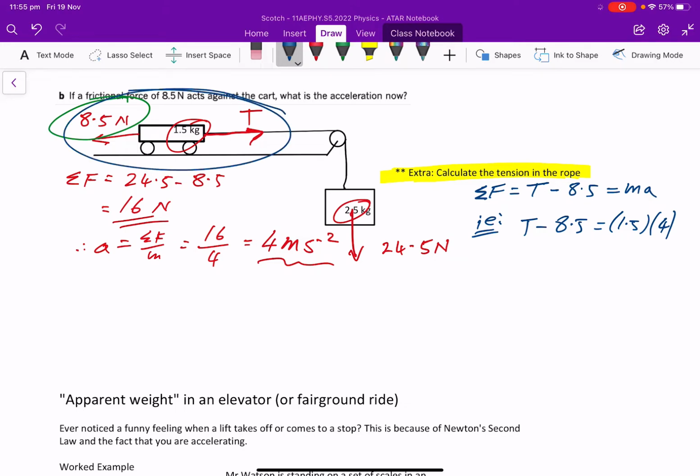It's accelerating at 4, so its MA is 1.5 times 4, and the big force take away the small force must always be equal to MA, so T is MA bigger. So T, 1.5 times 4 is 6. I'm going to add the 8.5 to it, and I've got 14.5 newtons if I haven't made an arithmetic error. The tension is 14.5 newtons.